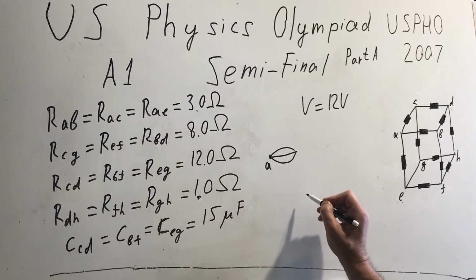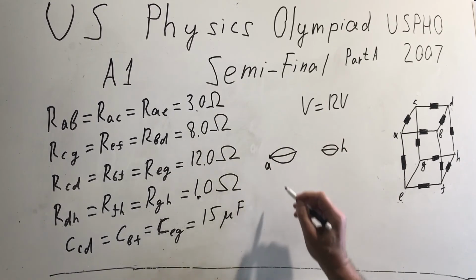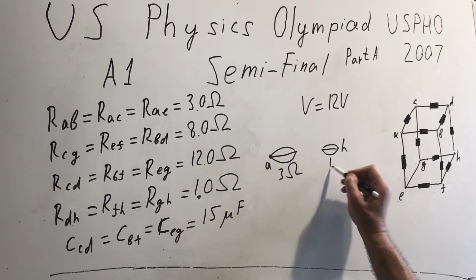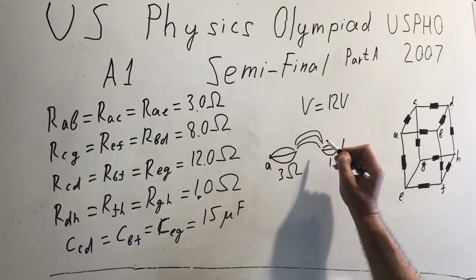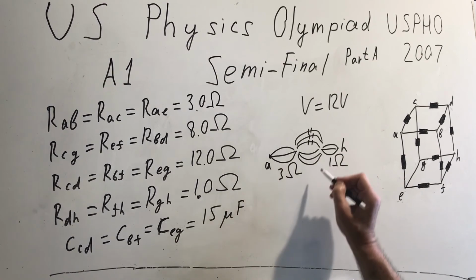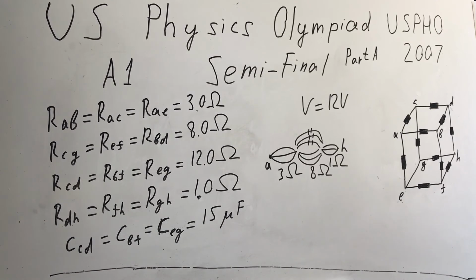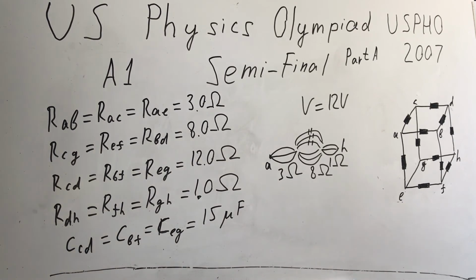This is point A, this is point H. Here we have each resistor 3 ohm and here 1 ohm, and here we have 3 capacitors and 3 resistors with a resistance of 8 ohm. So there is no current through capacitors when the current is steady, and we have just the equivalent connection, 3 parallel, 3 parallel, 3 parallel, and all of them in series.